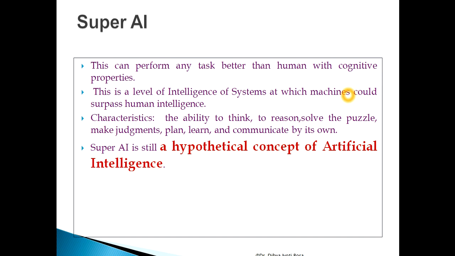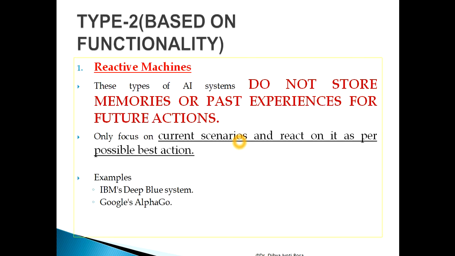Its characteristics are the ability to think, to reason, to solve puzzles, make judgments, plan, learn, and communicate by tone. These are the different characteristics. But this is only a hypothetical concept, and obviously research is going on. Then type 2 is based on functionality, meaning how it works, how it functions exactly. Consider the first one, reactive machines.